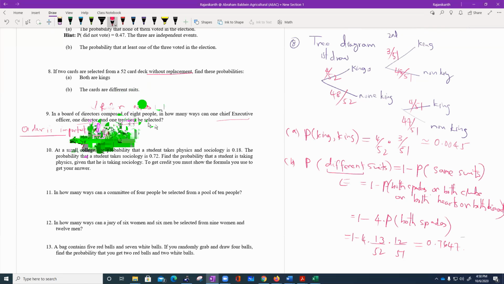In this problem, the given number of people is 8. You are choosing 3 of them, but putting them in order because the title matters here. Therefore, the number of ways you could arrange is simply 8P3.